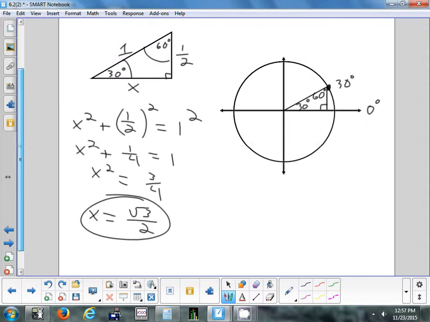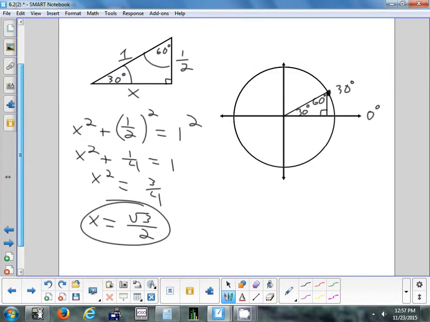Okay. Now we can write the coordinate for 30 degrees. Okay, actually, you know what? Let me squeeze it in down here. What's the horizontal, or what's the length of the base? It's the square root of 3 over 2.